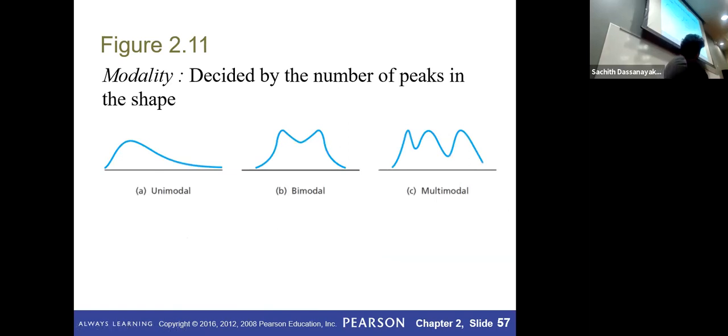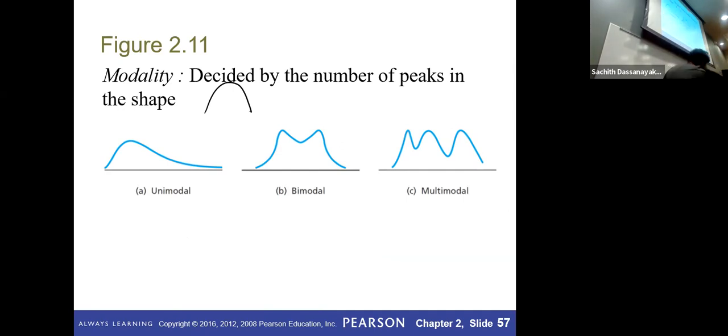Based on the modality, we can identify different types of shapes, which means based on the number of peaks. Peak means a bump, like this. In our course, we are discussing one peak. Whatever distribution we have, we have only one peak.